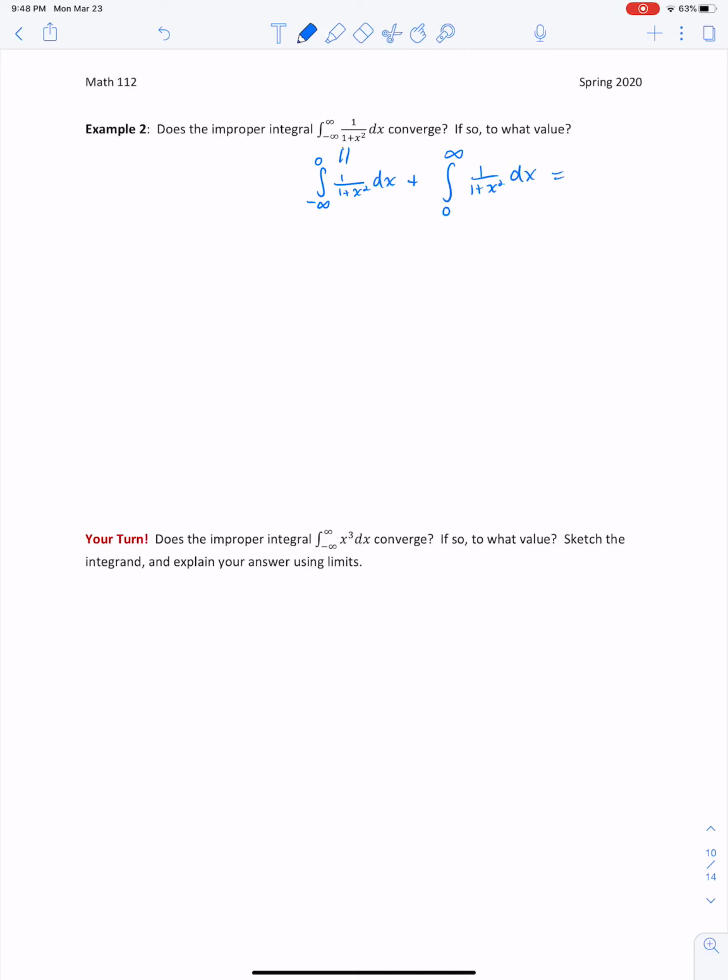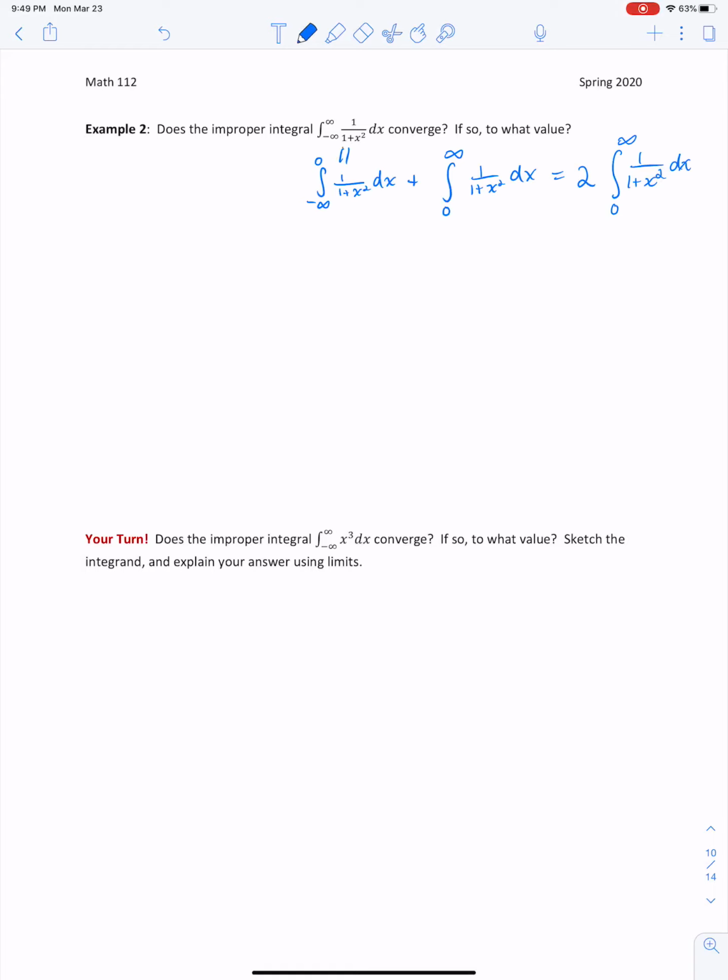And this is equal to 2 times, because this is an even function, the integral from 0 to infinity of 1 over 1 plus x squared dx. So we've now really reduced this to just having one limit that we need to calculate.